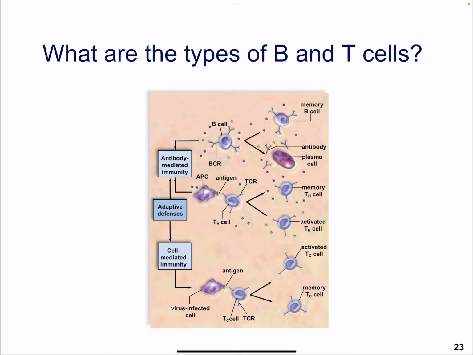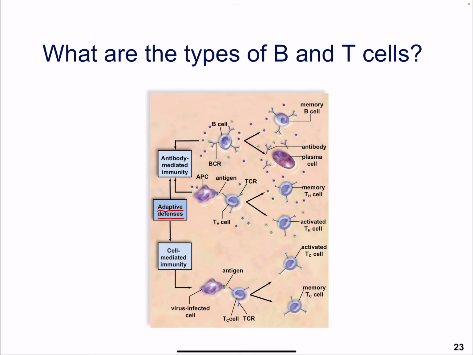So now let's take a quick summary. We are going to have our specific immunity that is developed based on antigens we already encountered. The third line of defense is also called adaptive immunity or adaptive defense.